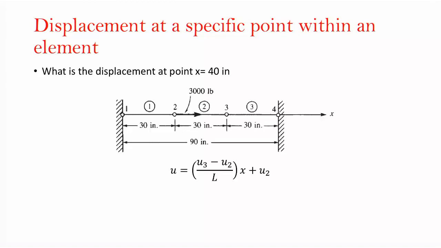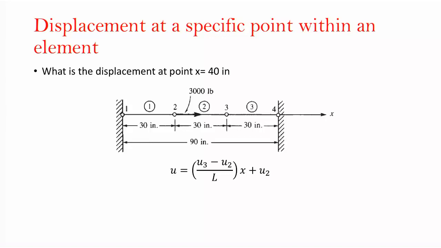But just be careful that in the displacement function that we derived at the beginning of this lecture, it was in terms of U1 and U2, right? That one was general for each individual element.